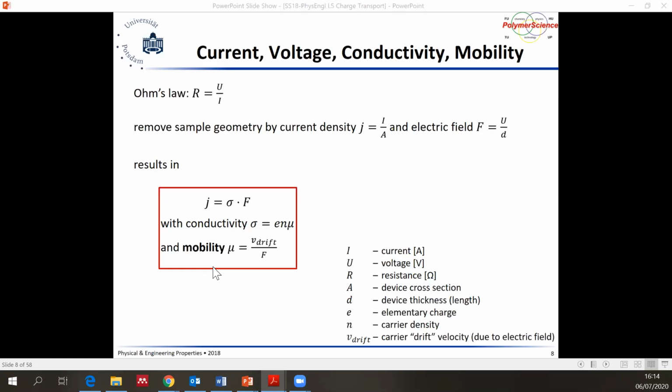So conductivity is defined as the product of free charge carrier density and their mobility. So N times mu: conductivity, sigma, that's the symbol for conductivity, equals e, the charge of an electron, times N, the carrier density, times mu. One has to remember that a lot of these things are actually temperature, light intensity, and field dependent.